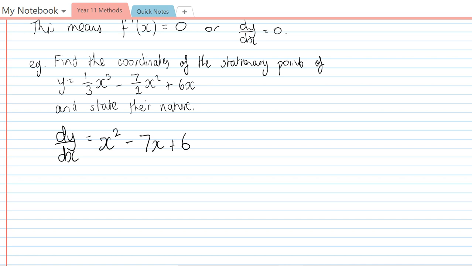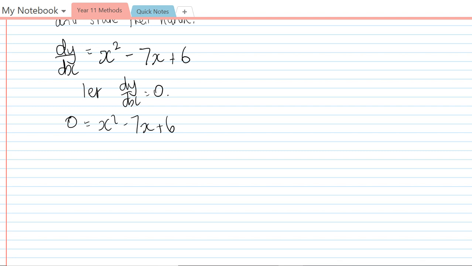Next, I need to let the derivative equal 0. So I'm going to say let dy/dx equal 0. This means that 0 is equal to x squared minus 7x plus 6. Now to solve something like this, we need to use the null factor law, and so I need to factorize this first.